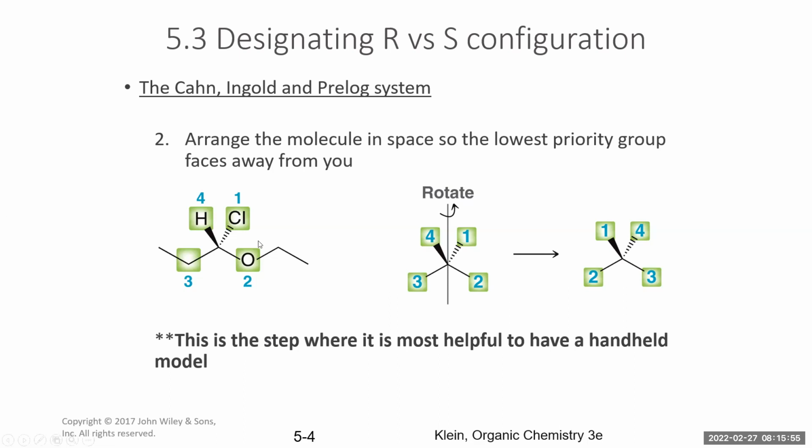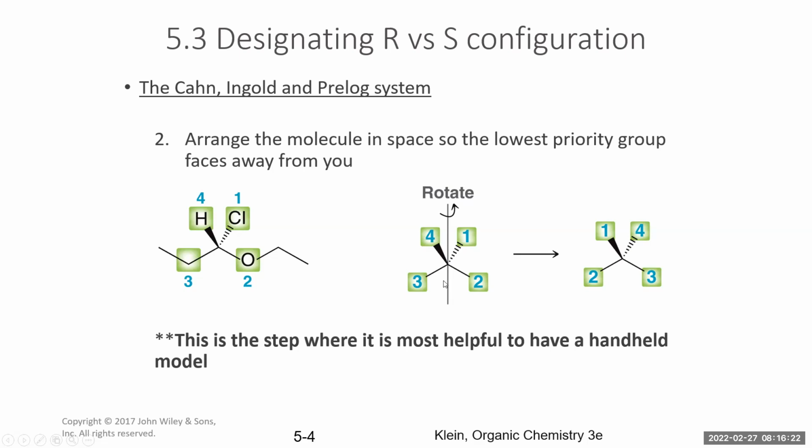So for example, if you have a structure like this, where the 4th priority group is pointing towards you, you can flip the molecule over like a pancake, right? So you take it and you flip it over, and that's where that handheld model is really useful. And then whatever was pointed out at us ends up pointed back when we flip it over, and whatever was pointed back ends up pointed out at us.